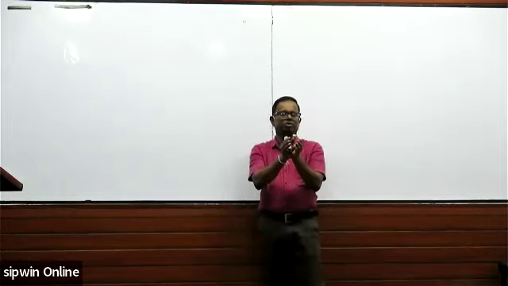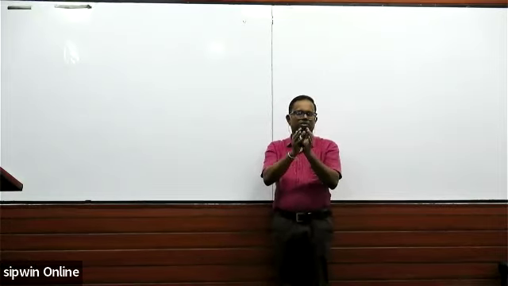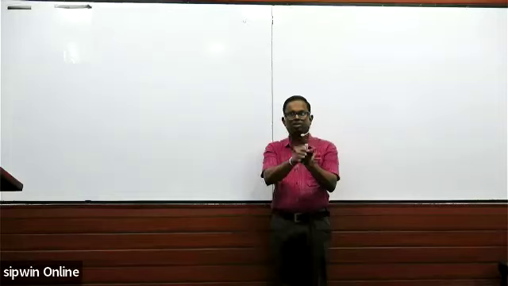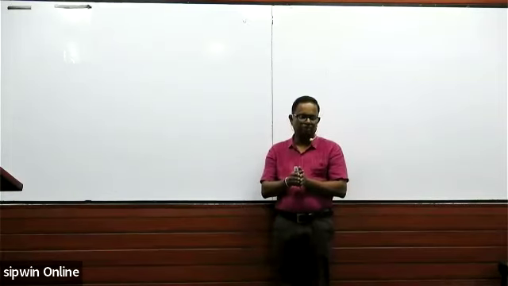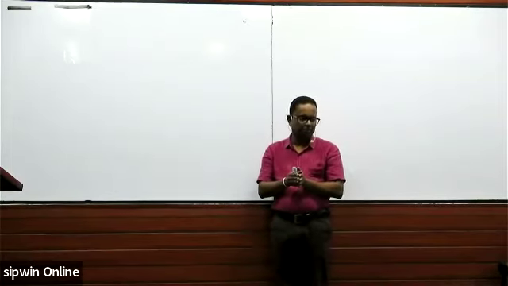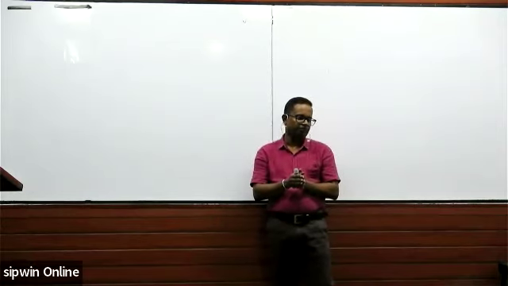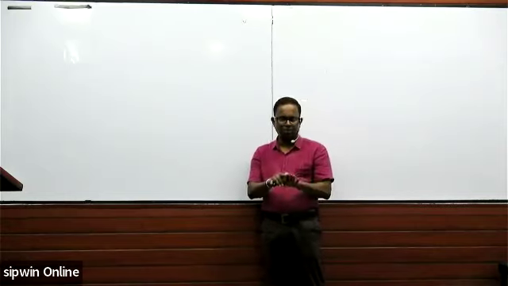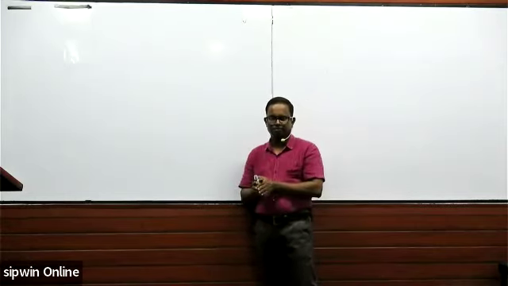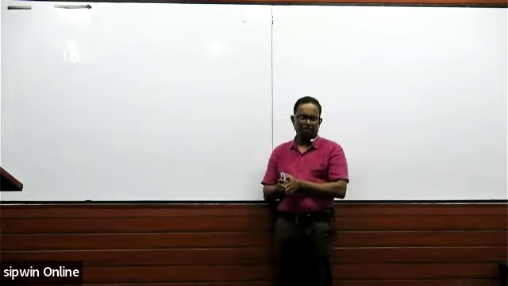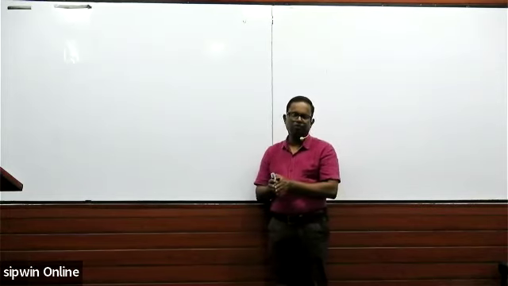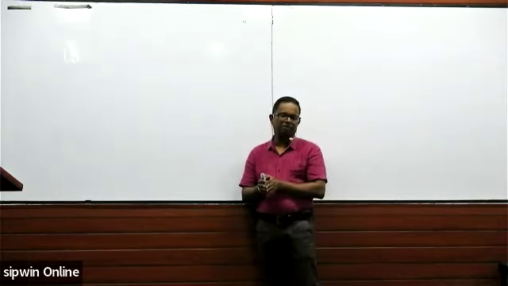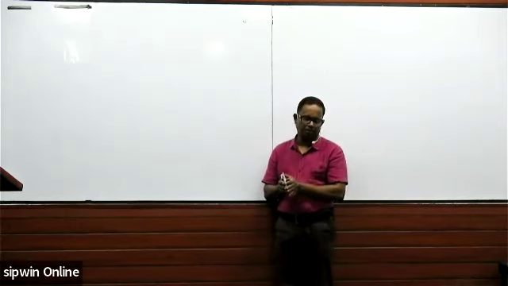Sodium chloride is a strong electrolyte and highly soluble. Silver chloride is a very weakly soluble strong electrolyte. So here I am interested in very weakly soluble, sparingly soluble, strong electrolytes.